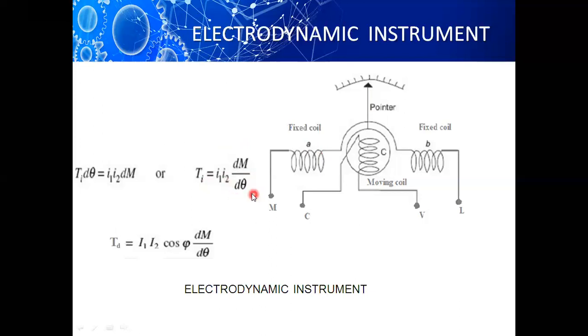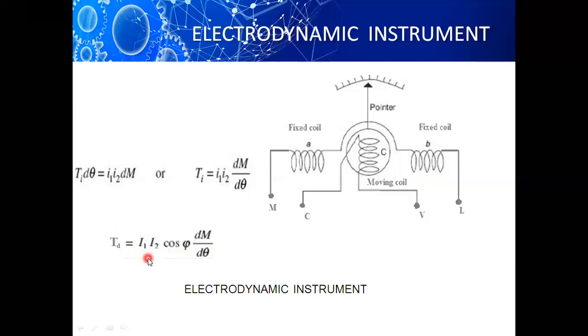If we had this meter connected to DC to measure DC quantities, then the deflecting torque is proportional to the current through the fixed coil into the current through the moving coil. When we connect the dynamometer type instrument to measure an AC quantity, then the deflecting torque equals I1, I2 cos phi dM by d theta.